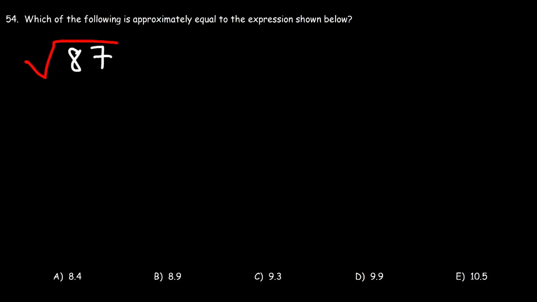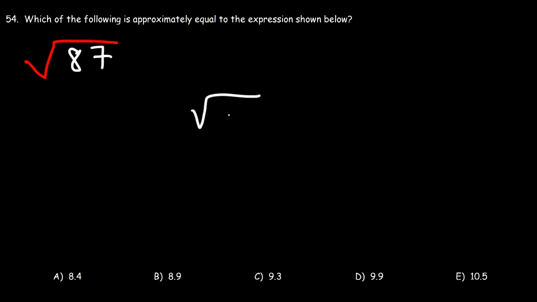54. Which of the following is approximately equal to the expression shown below? So the square root of 87 is approximately equal to which one of the values that we see here? Well, think of some perfect squares that are close to the square root of 87.